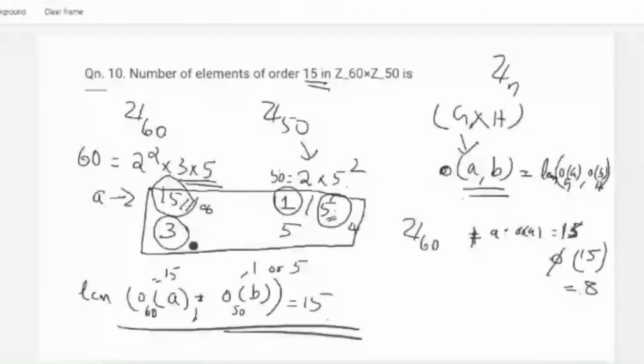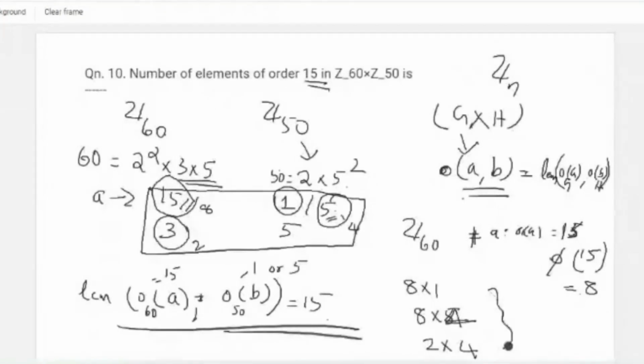So the number of combinations: for 15 and 1, such elements are 8 into 1. For 15 and 5, 8 into 4. For 3 and 5, 2 into 4. Ma'am, 15 and 3 is also a possibility, right? 3 is not in Z50. We cannot find an element of order 3 in Z50.